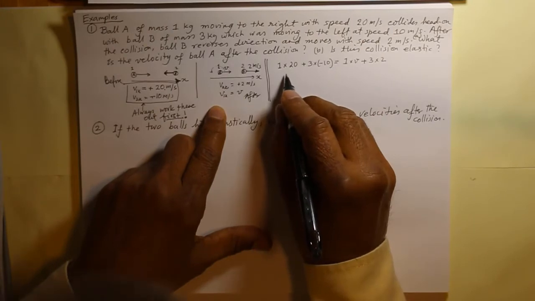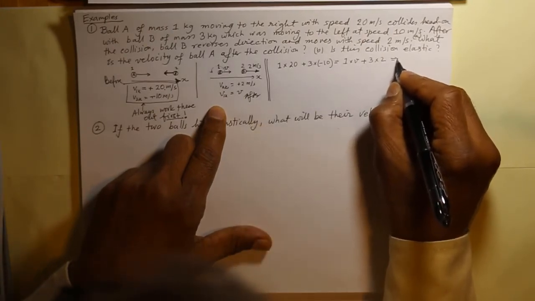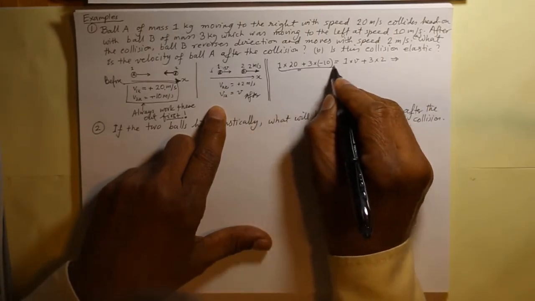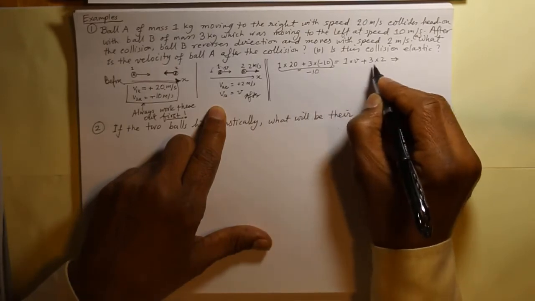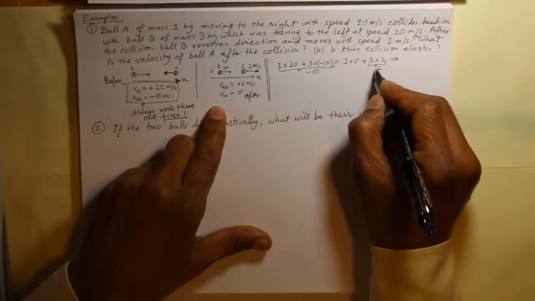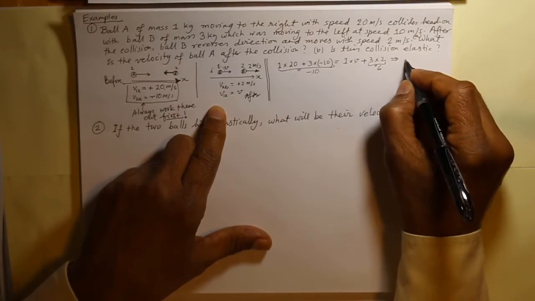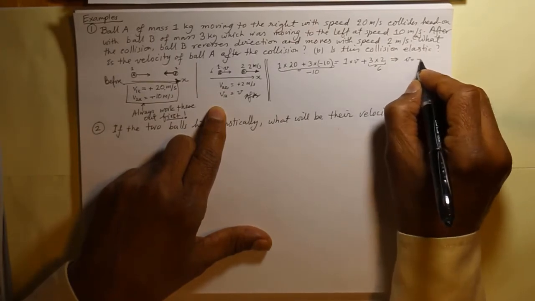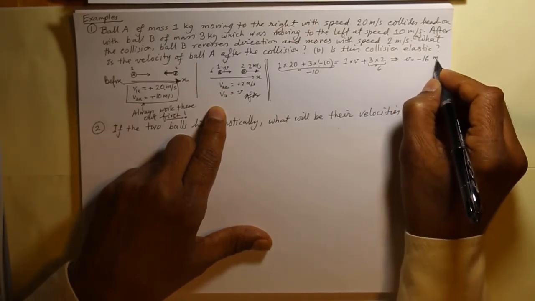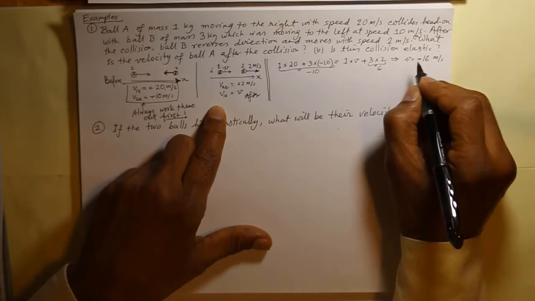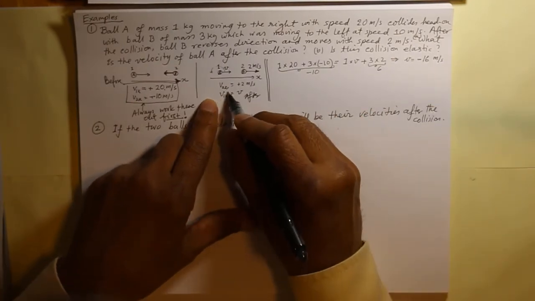Okay, so if we solve for v, this side is minus 10 and this is 6, so on the other side, divide by 1, so v will be minus 16 meters per second. So what we found out is v1x.